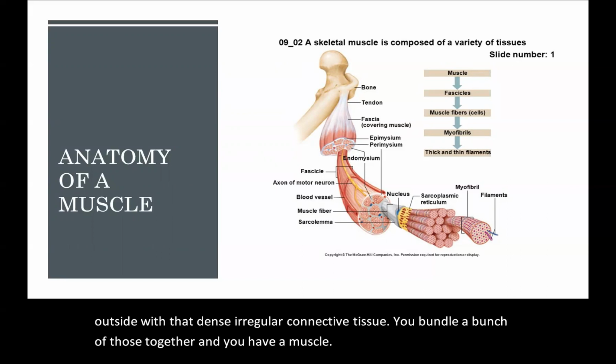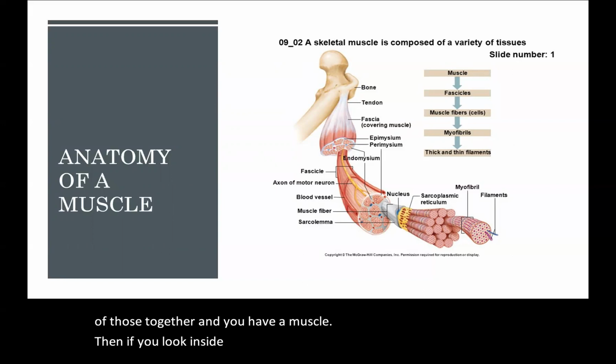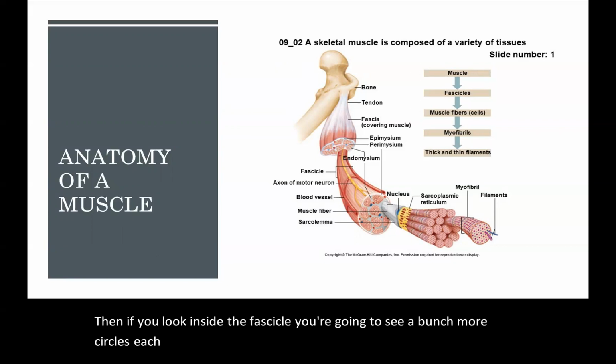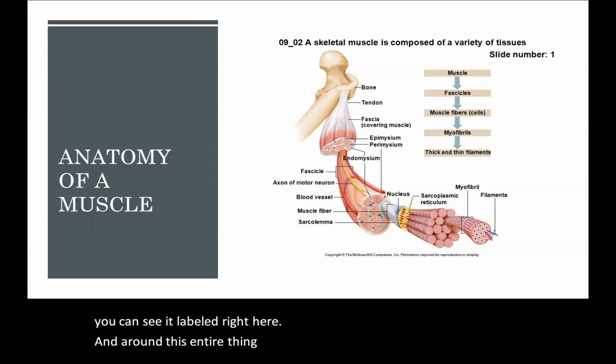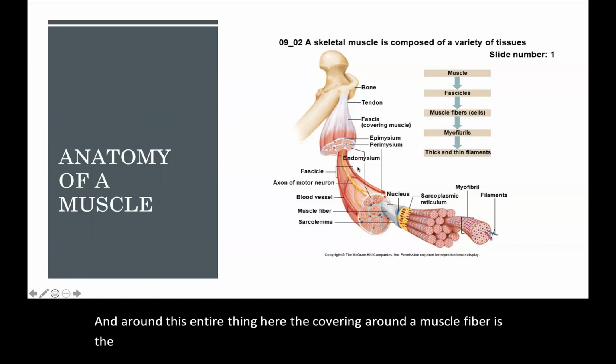Then if you look inside the fascicle, you're going to see a bunch more circles. Each one of these circles is a muscle fiber or a muscle cell, which you can see labeled right here. And around this entire thing here, the covering around a muscle fiber is the endomysium.